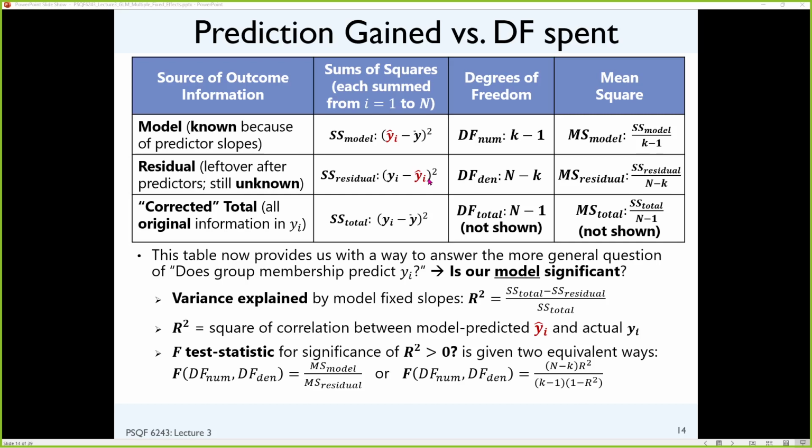I can take the original column for y, and I can run a correlation between those two columns. That's R. And if I want to turn it into an R square, I square it. So you can also think of R square as the square of the correlation between the model predicted outcome and the real outcome.